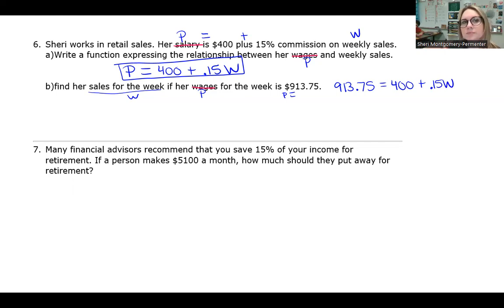What do I have to do first? Subtract 400. After I subtract 400, I still don't know my weekly sales.